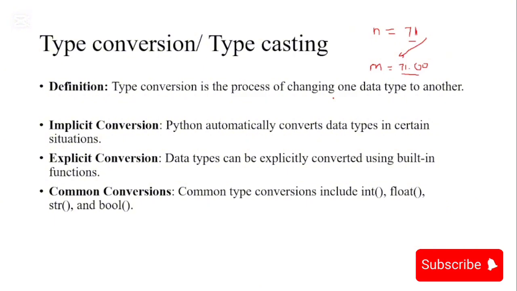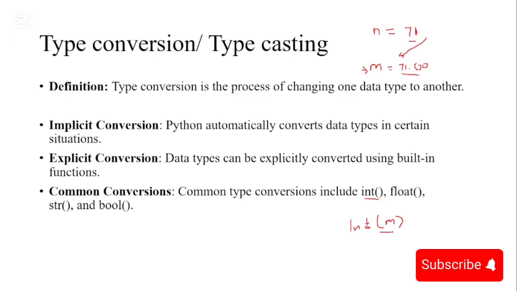Some common conversions that we have include integers, floats, strings, and booleans. When converting a data type to an integer, we use the int function. For example, I have this as my data type. I'll say int, and then I will pass m into this int function.